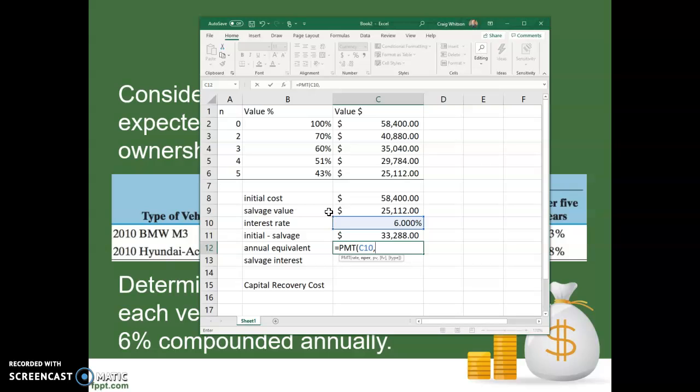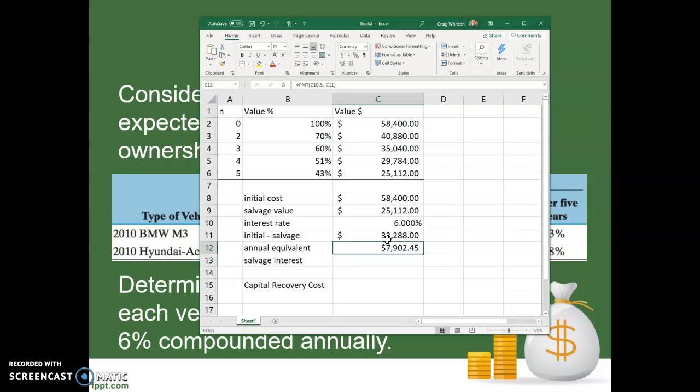The number of periods is 5. And we want to put in this net value that it cost us to own the vehicle as our present value. We're going to take that and spread it out over 5 years. Except I'll make that negative so that the equivalence comes out positive.